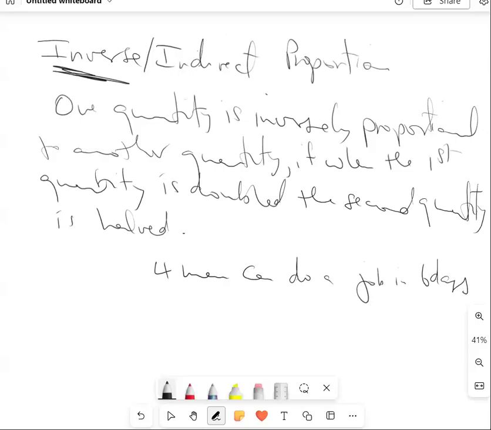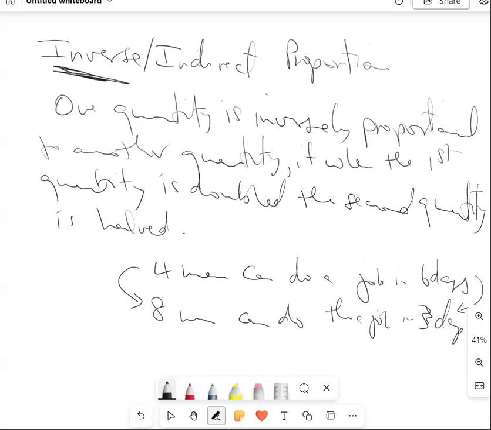Let's say the person who's hiring, or who wants this job done, says, man, 6 days, that's too long, and it's got to be ready in 3 days. So 8 men can do the job in 3 days. So notice, when the number of men is doubled, the number of days is halved.